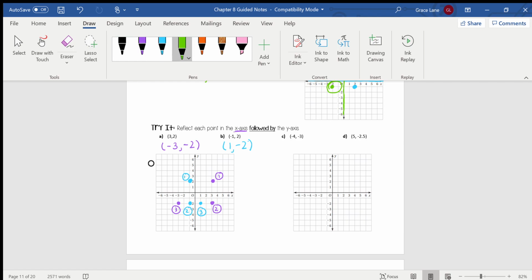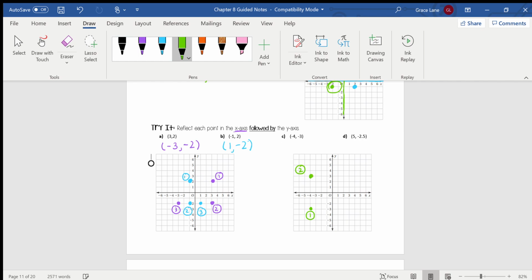Letter C, -4, -3. Here's -4. Here's -3. So this is point 1. First across the x-axis, which means it will reflect up. So it's going to stay on the -4 line, but going up to +3, which is here.